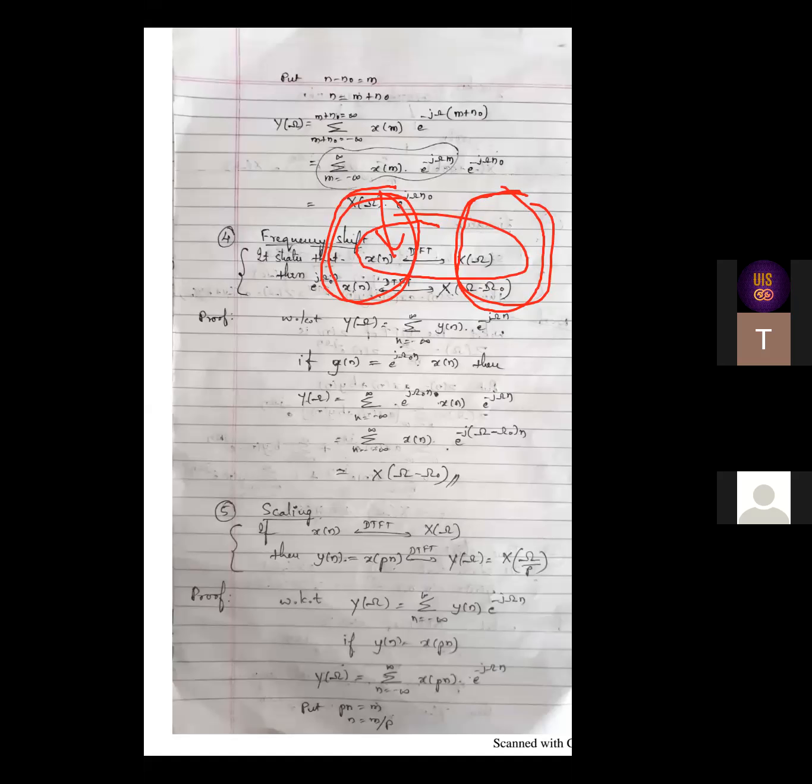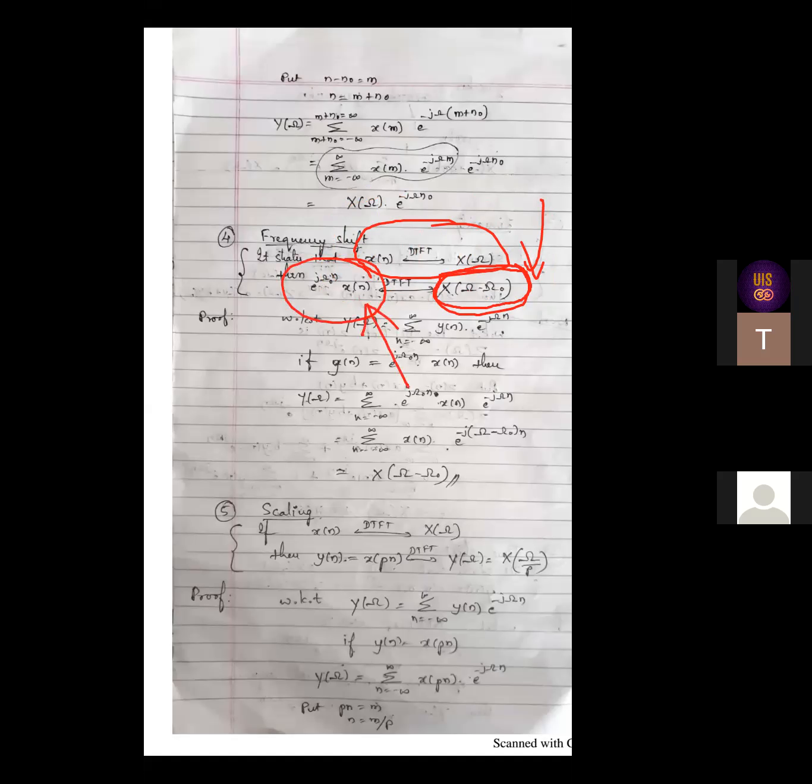So omega is your frequency term, n is your time term. So what frequency shift tells you, if you have this relationship, then if your Fourier transform has a shift, that is omega is shifted by omega minus omega naught, if there is a shift in the Fourier transform, it means that your input sequence is getting multiplied by the exponential term.